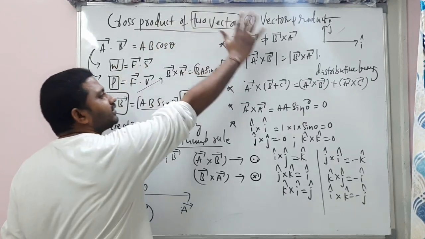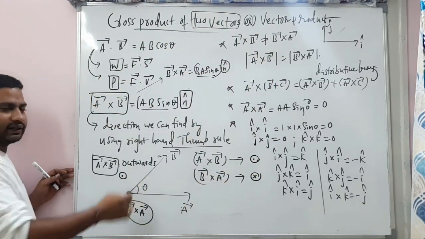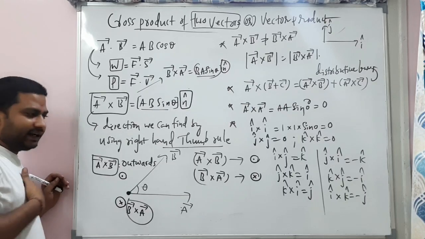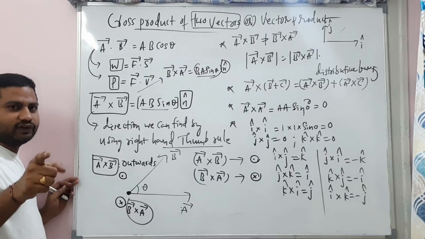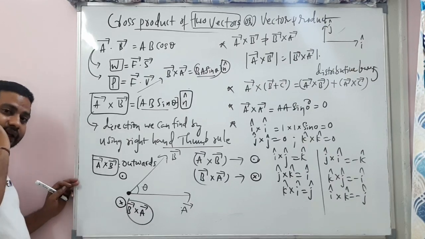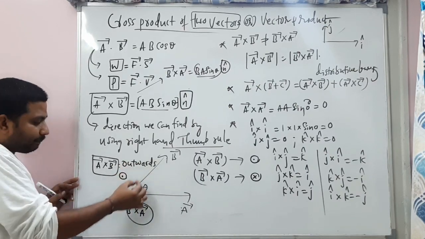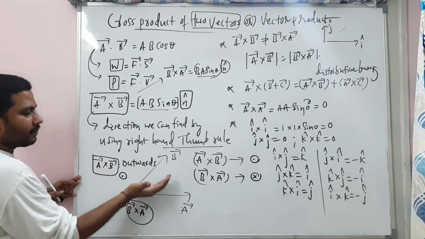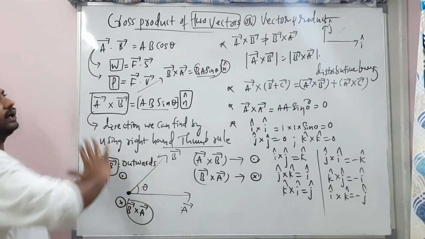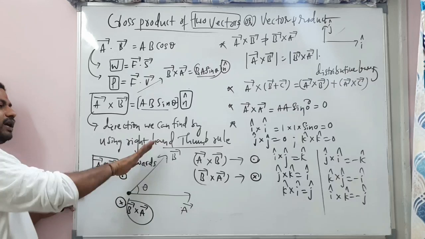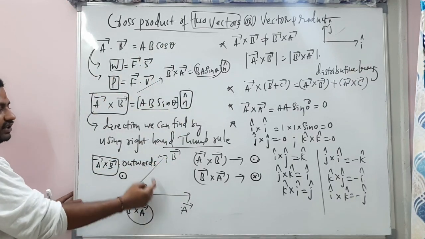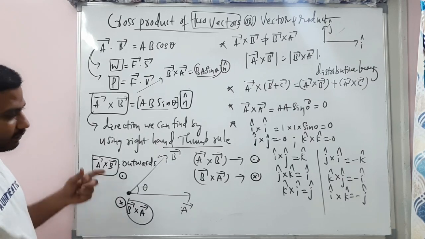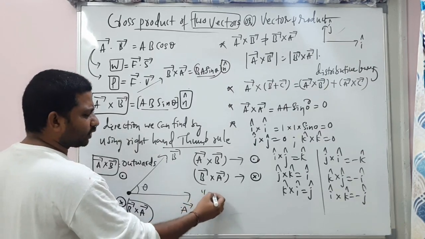The board is a plane which contains these two vectors. When I find a bar cross b bar, it is perpendicular to this plane. Will you agree with that? Students, tell me. A bar cross b bar, or b bar cross a bar, is perpendicular to the plane which contains a bar and b bar. Remember always, that is the very important point.